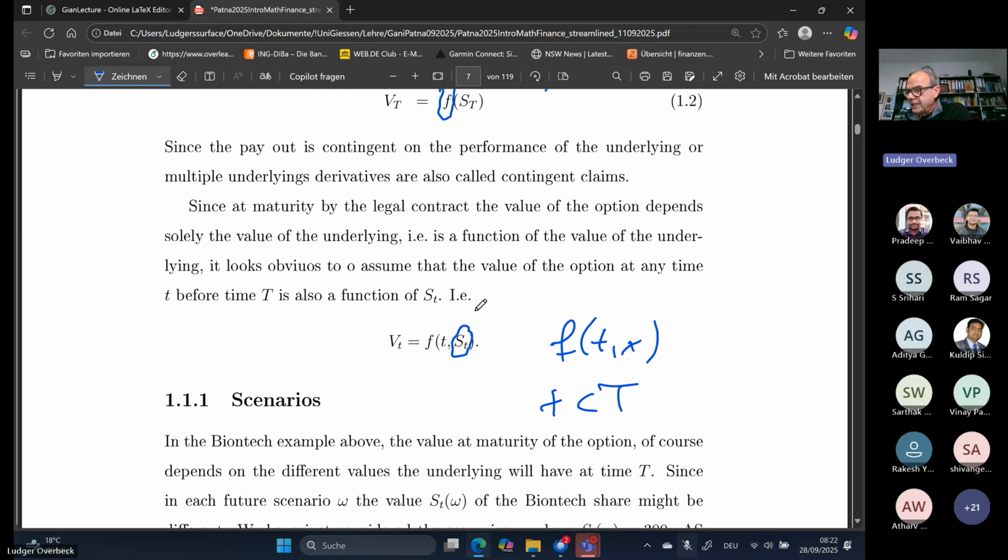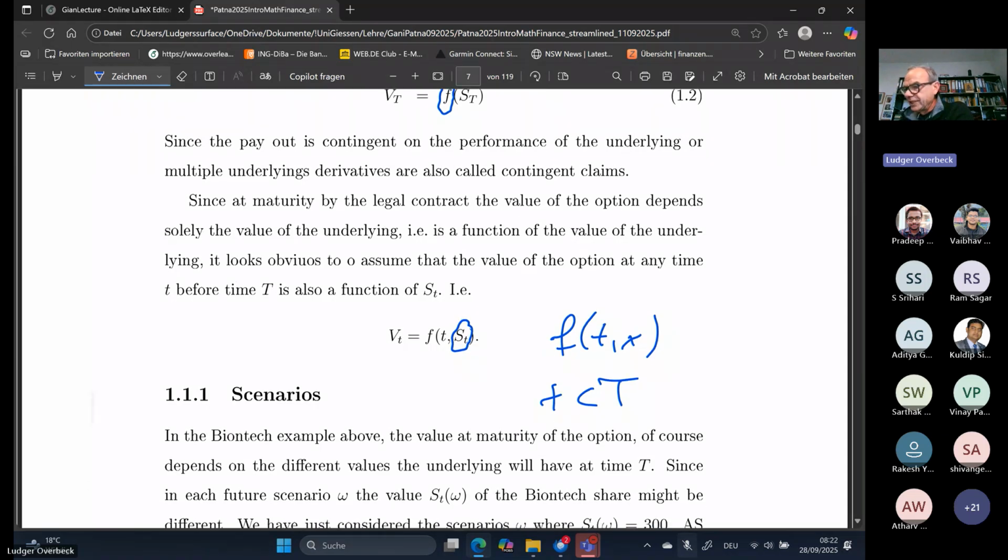Okay, it's clear. In order to get a better understanding of this, to get a formula out of this, you have to analyze the potential values of the underlying share. And now a little example, this was the BioNTech share.